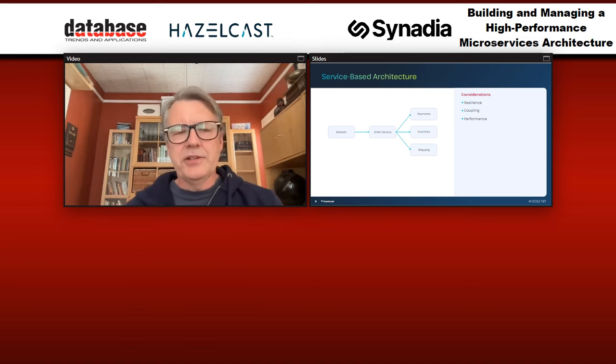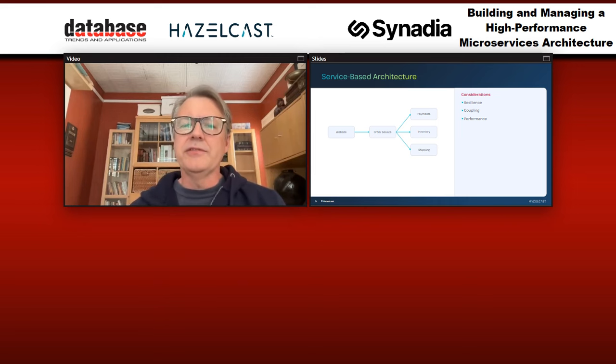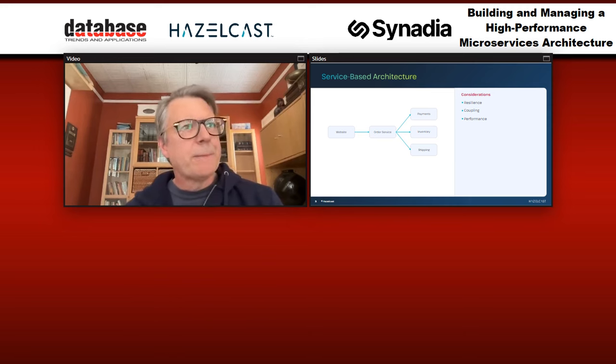And then let's also look at coupling. I think this is not bad, but clearly the order service has to know about the payment service, the inventory service, and the shipping service. It's got to, for example, have stubs for them in the test environment, and anytime one of those changes, it is possible that they impact the order service.